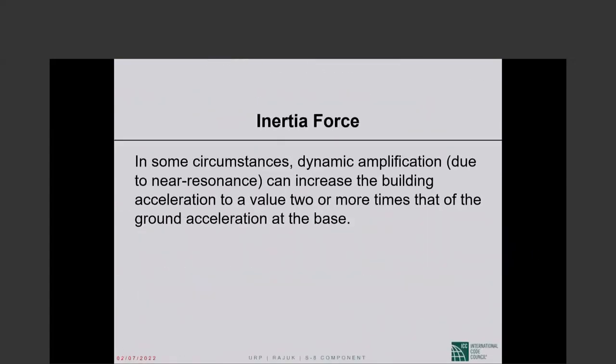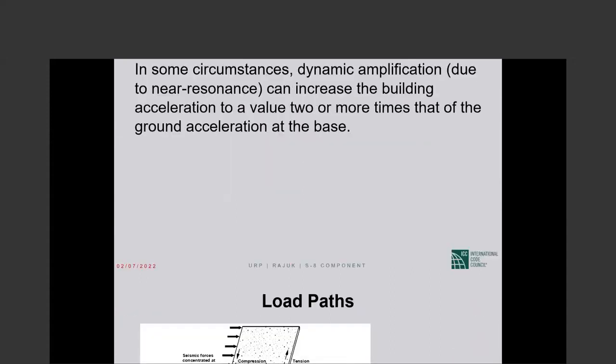And this is what we are saying on the next slide. In some circumstances, dynamic amplification due to near resonance, that's a concept we discussed at length the last time, can increase the building acceleration to a value 2 or more times that of the ground acceleration at the base.